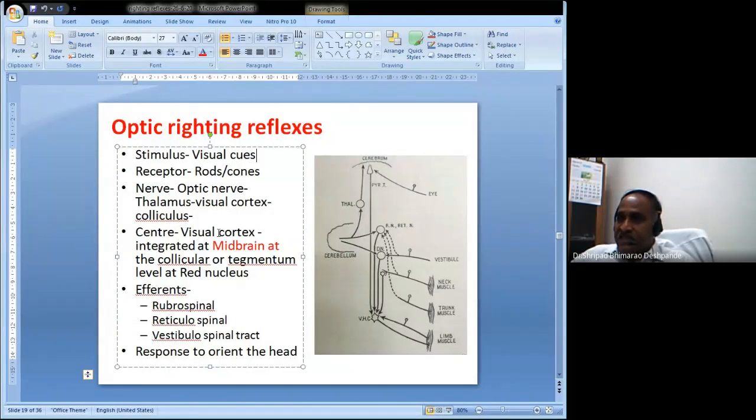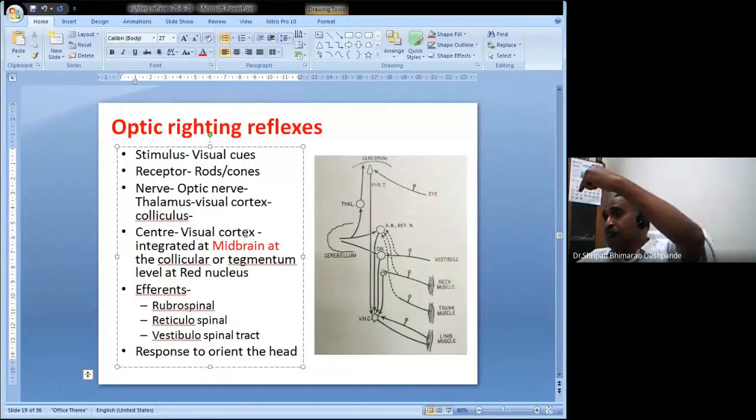The primary center is the occipital cortex, because without occipital interpretation the midbrain cannot think. So you require the occipital cortex there, and of course they are integrated in the midbrain. Finally, if the colliculus has to move the eyeball, the midbrain has to act. This is to keep the visual axis.